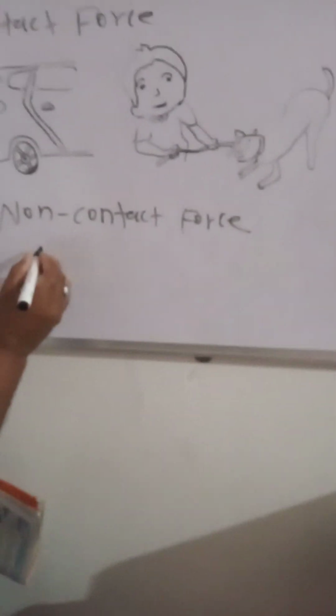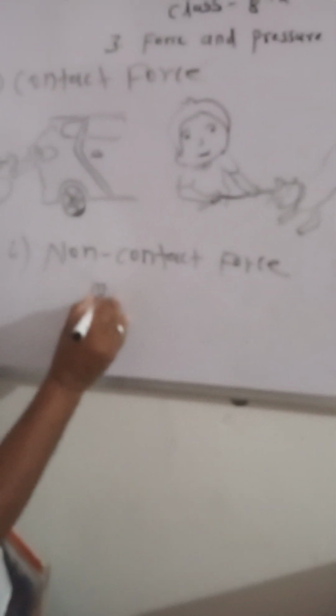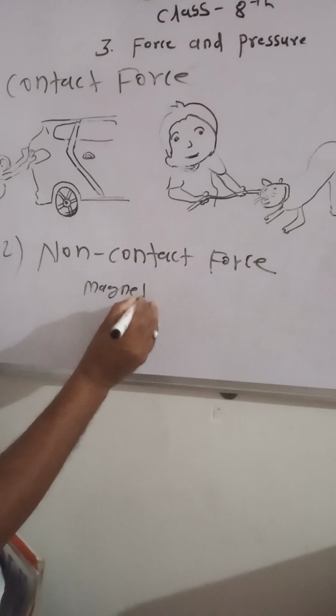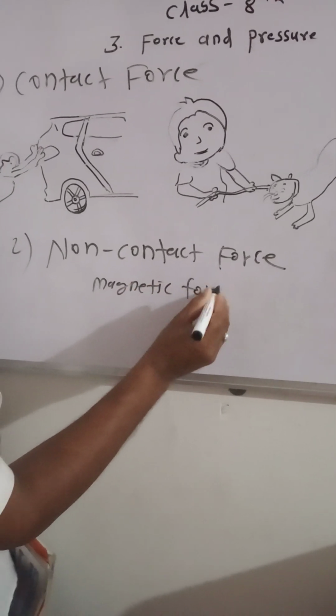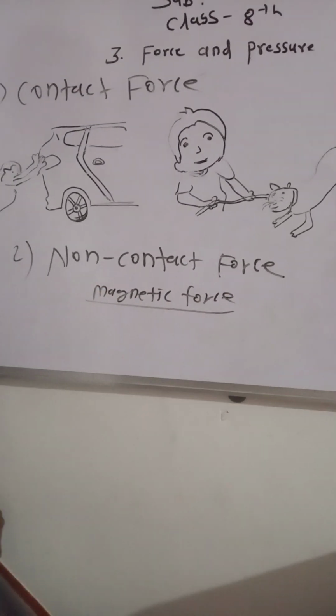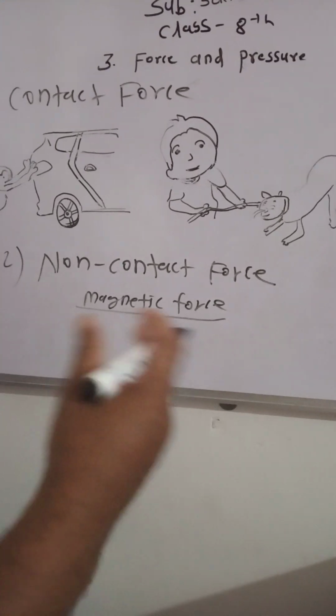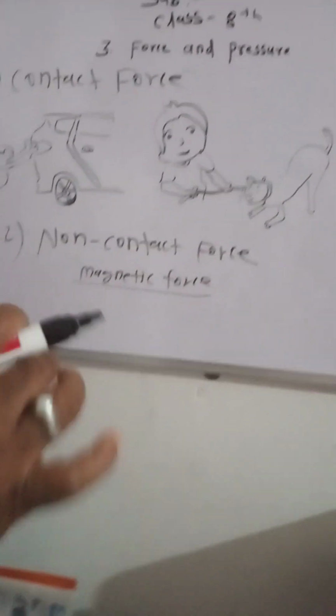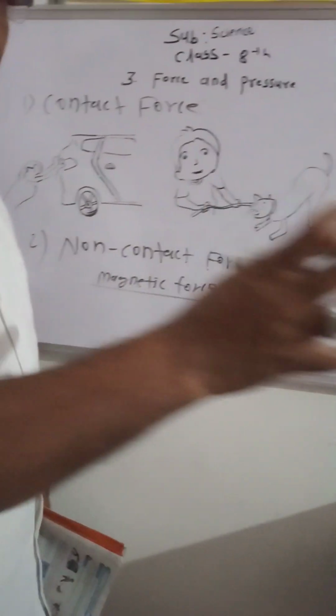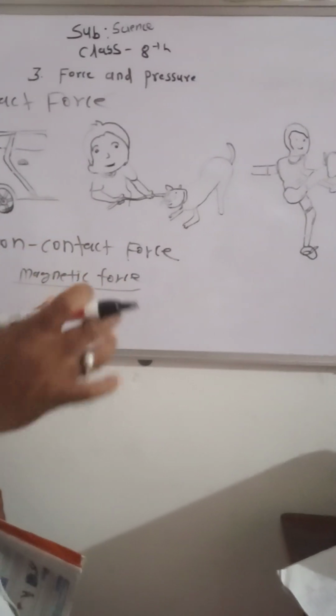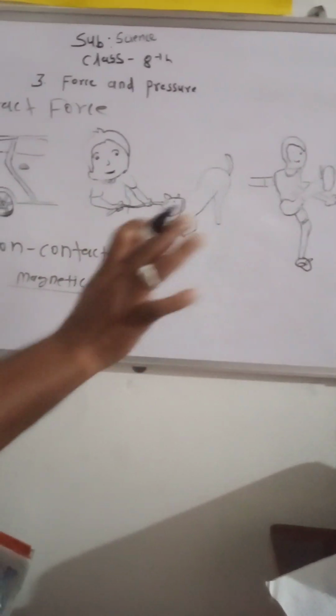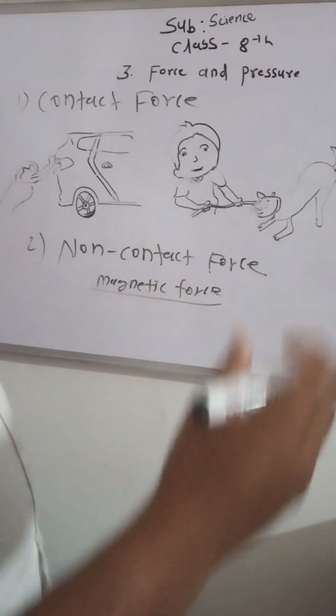In the first example, a magnetic force. Magnetic force acts on the iron nails indirectly to attract the nails. Indirectly, this is not in direct contact with the nails. It acts the force indirectly.